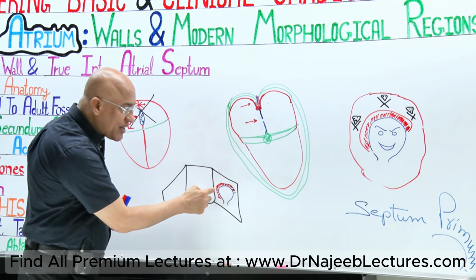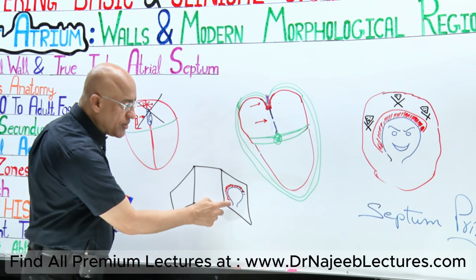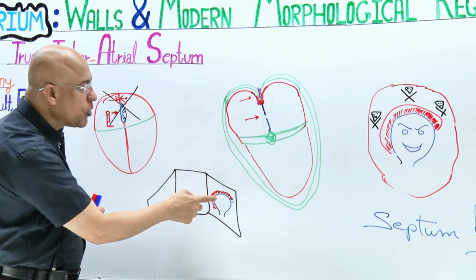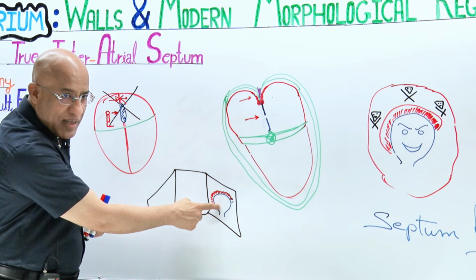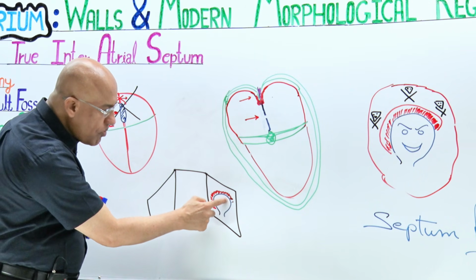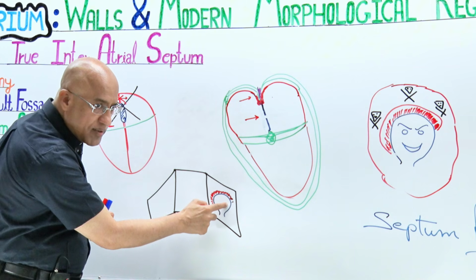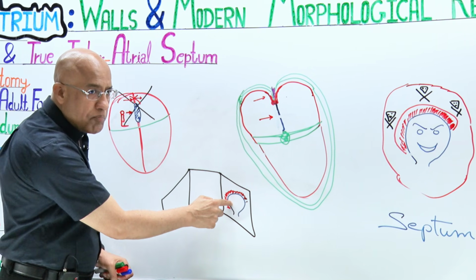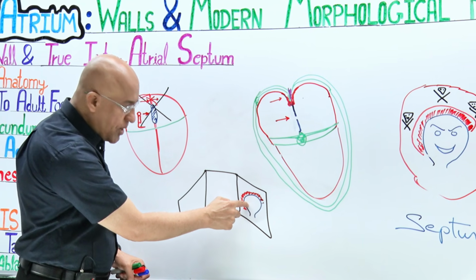Actually, around it, the rim of this interatrial muscular folding is a little elevated, and this looks as if it is depressed, right? So this smooth floor of the fossa ovalis is basically the footprint of the fetal septum primum.